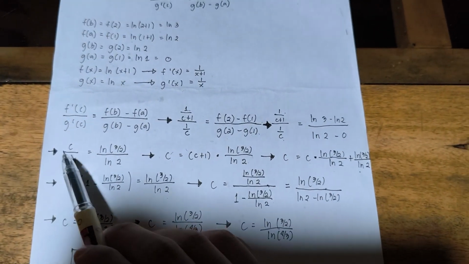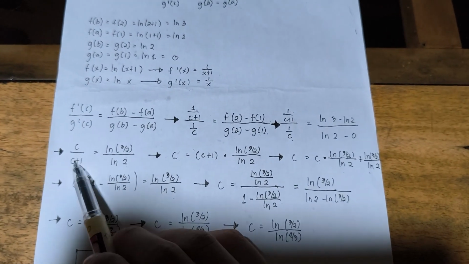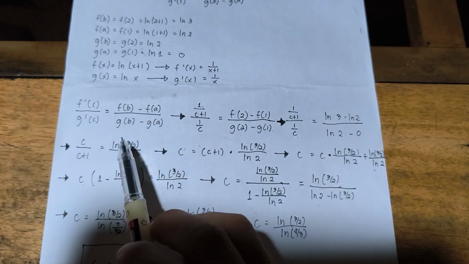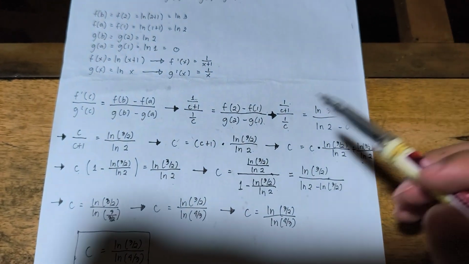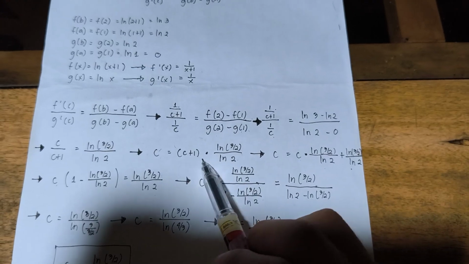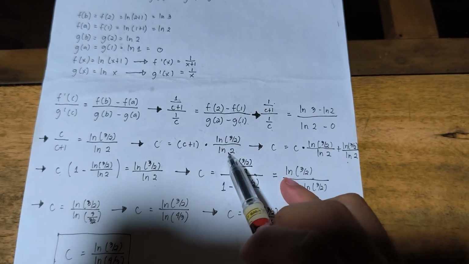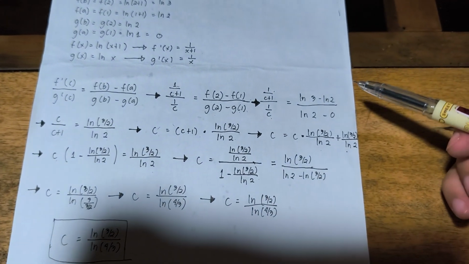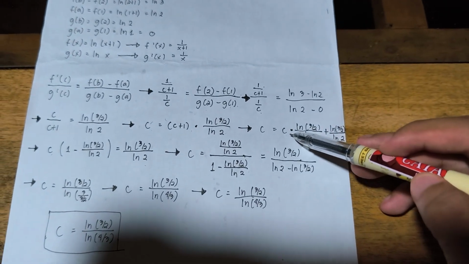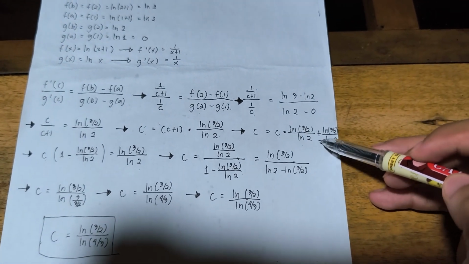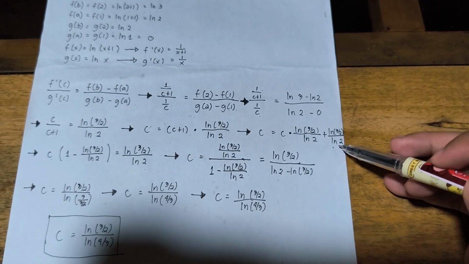So we have c over c plus 1 is equal to ln 3 halves over ln 2. Then it becomes c is equal to c plus 1 times ln 3 halves over ln 2. Then we multiply both sides by c plus 1. So we have c is equal to c times ln 3 halves over ln 2 plus ln 3 halves over ln 2.